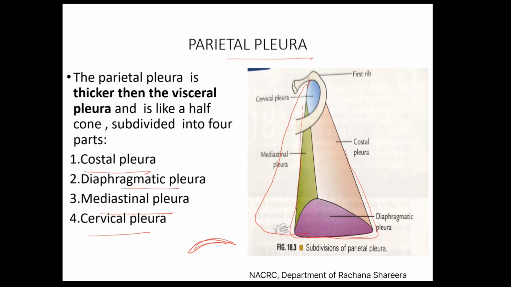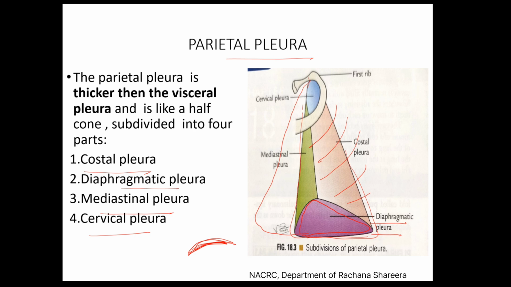The base of the lungs is based on the diaphragmatic surface. The surface of the lungs attached with the diaphragm, where the covering of the pleura is called diaphragmatic pleura, and the costal surface of the lungs is where the rib cage is covered. The pleura that covers the costal surface of the lung is called costal pleura. Then mediastinal pleura.